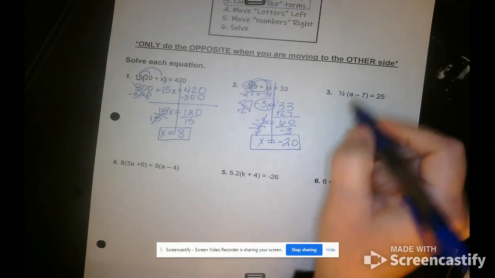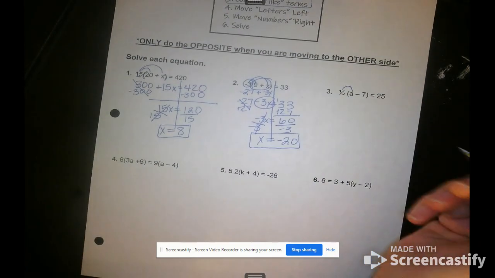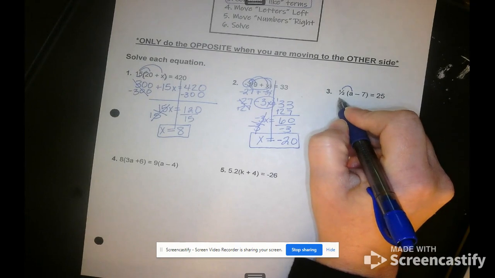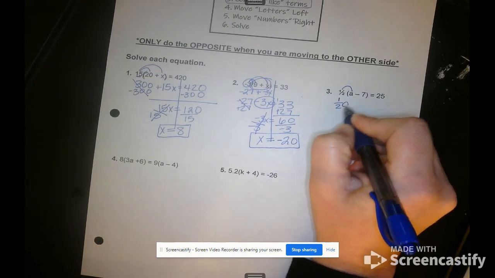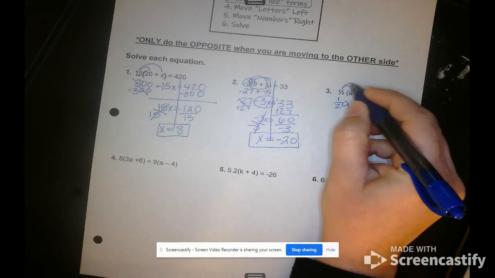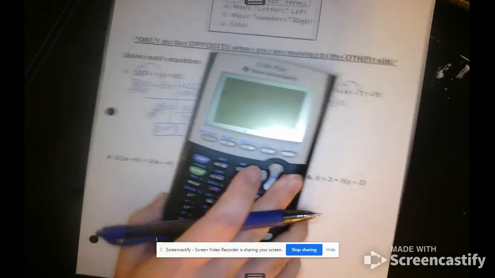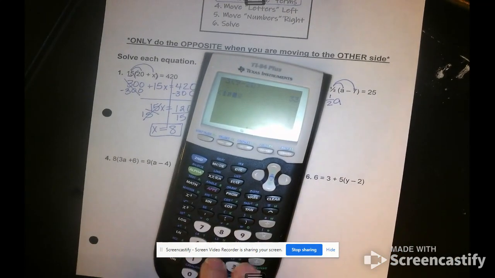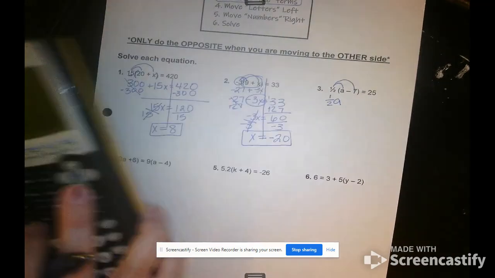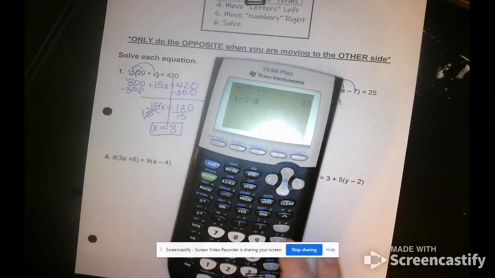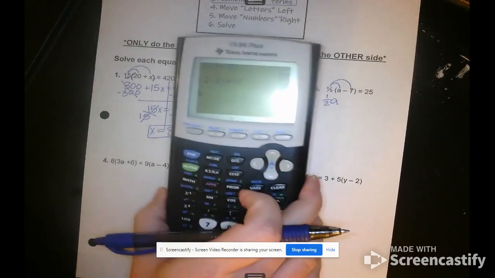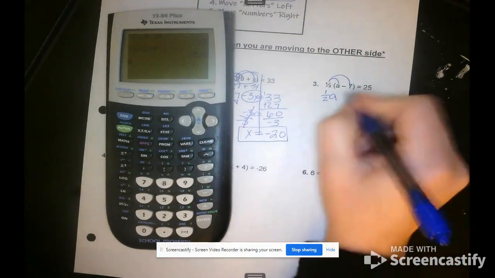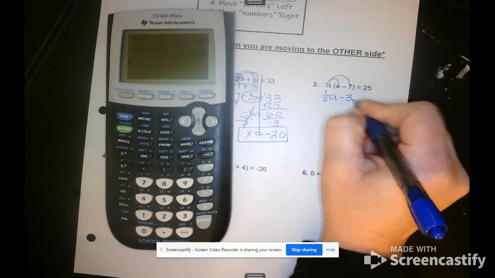Okay, so this one, 1/2 times a would give me what? 1/2 a. Okay, if I don't know off the top of my head what 1/2 times negative 7 is, times negative 7, negative 3.5. All right, so I would do minus 3.5.